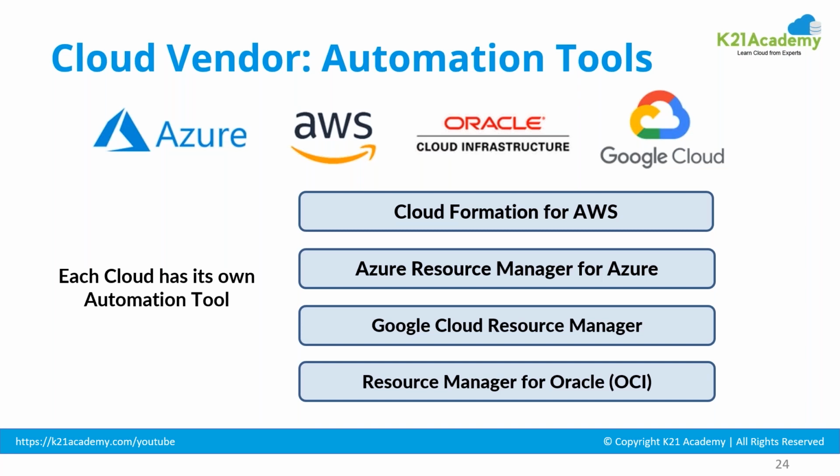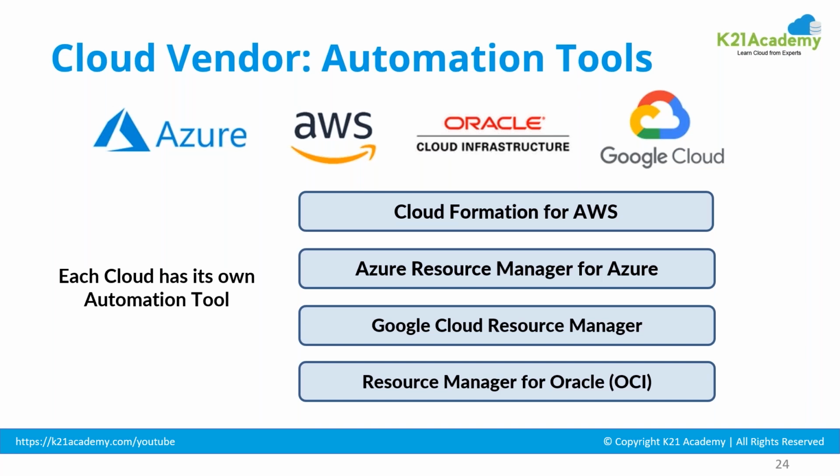Azure Resource Manager, ARM, is basically the templates used for Azure infrastructure provisioning. Google Cloud Resource Manager is used for Google Cloud. And there is a Resource Manager for OCI. Now these are the cloud vendor specific automation tools which you can use for the specific vendors only.